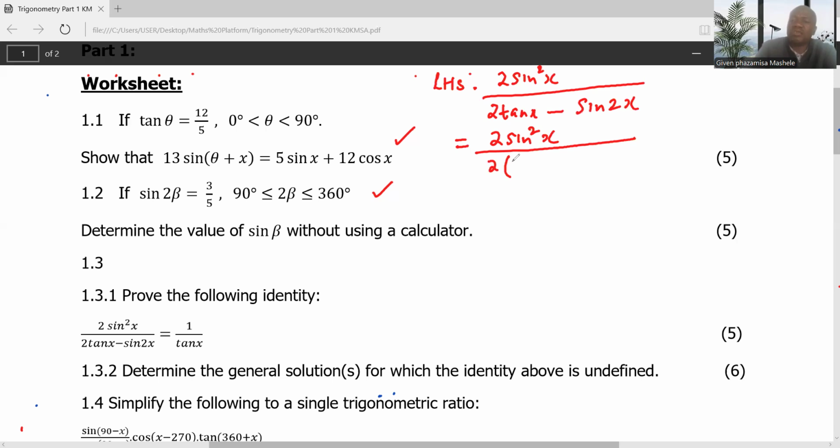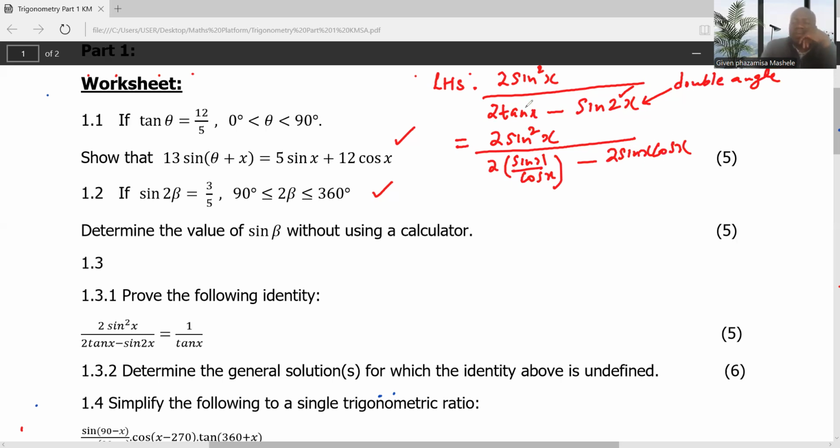We know tan is sine over cos, minus sine 2x. This is a double angle, which is the same as 2 sine x cos x from the formula sheet.